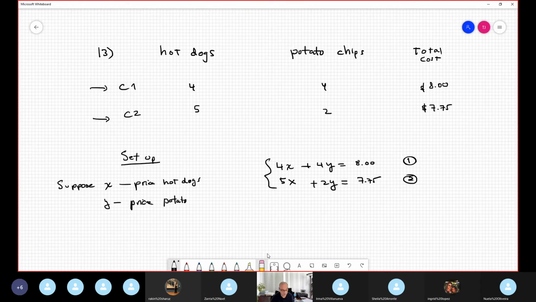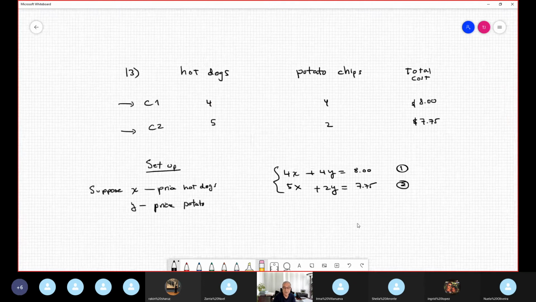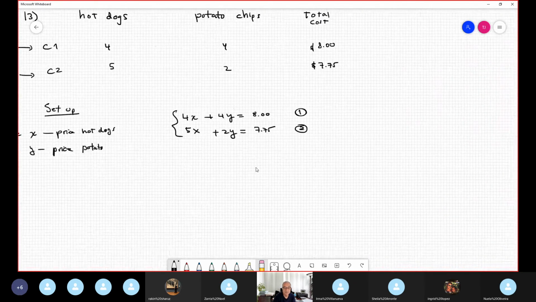Now, to solve, you need to apply algebra. Well, substitution is no good, because substitution is good, remember, when the coefficient of a variable is 1 or -1. Maybe let's do it by elimination.